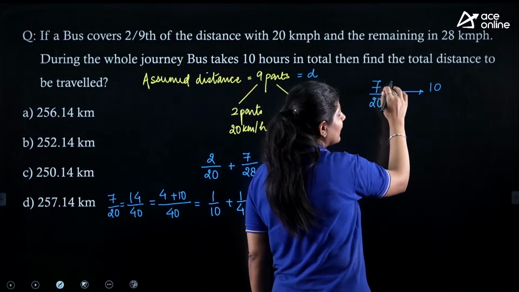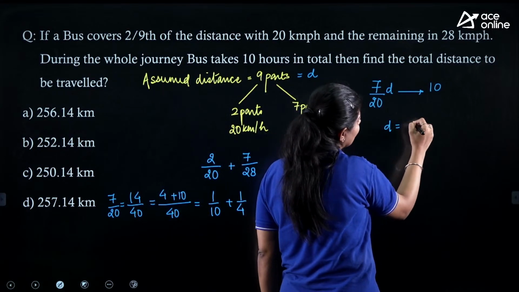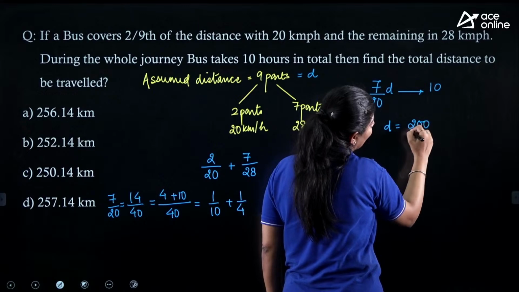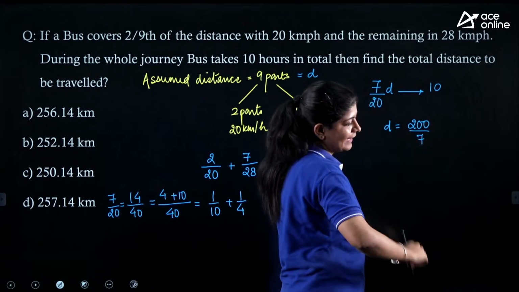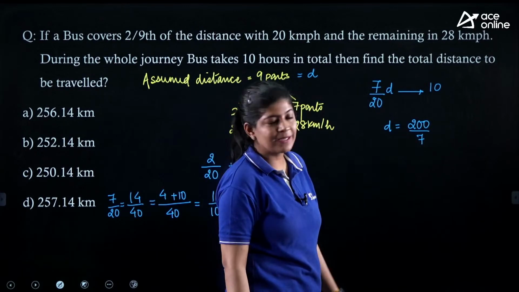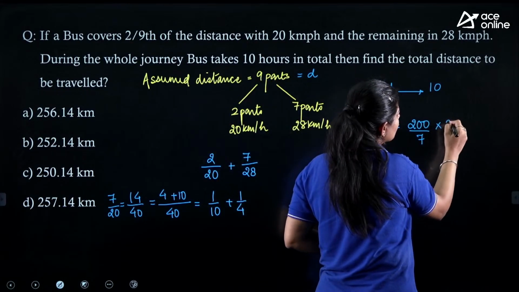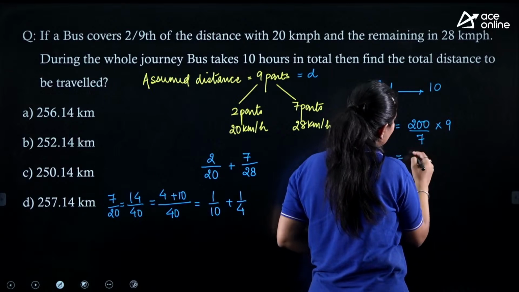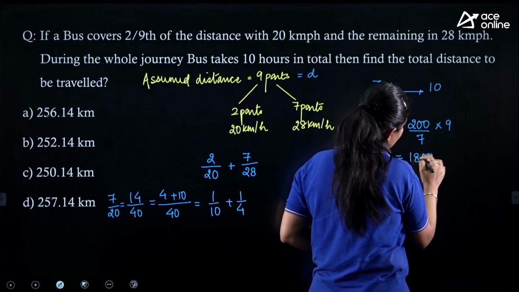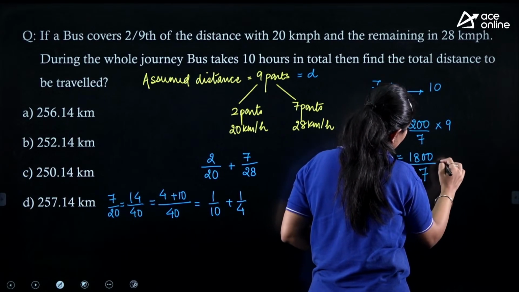Now, if I want to calculate the total distance, this is nothing but 200 by 7, right? I can easily write it as 200 by 7 and the value that we are having over here is a total of 9. So I am just going to multiply it by 9 and we can now solve this, right?